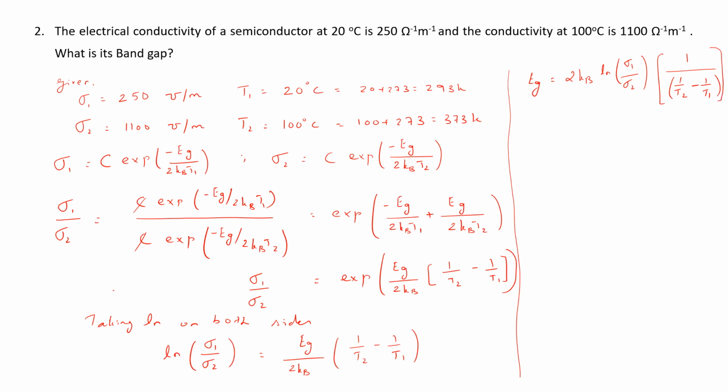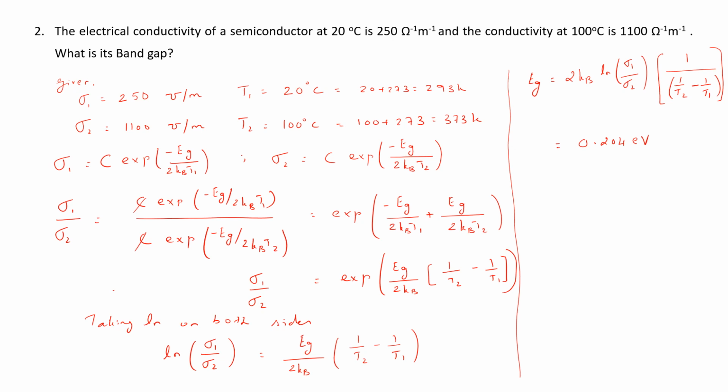Now you substitute all the values, handle the calculator correctly. You should get the answer as 0.204 electron volts. Initially you will get the value in joules, which has to be divided by 1.6 into 10 power minus 19. Only then will I get electron volts.